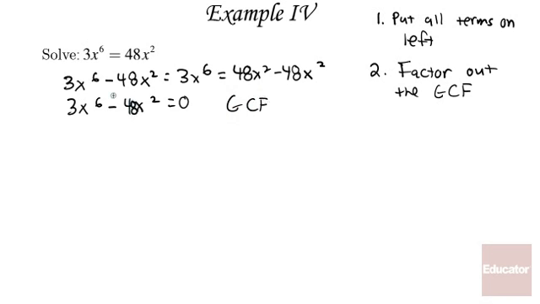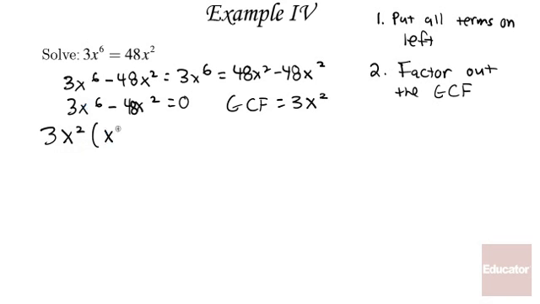So 3 times 16 is actually 48. Therefore, you have a common factor of 3. Looking at the variables, I have a common factor of x squared. So I'm going to go ahead and factor that out, and that's going to give me 3x squared.